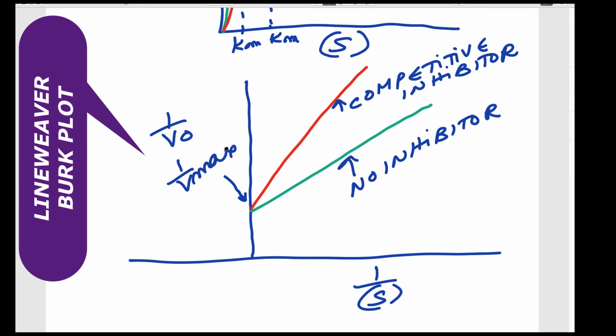In this reciprocal plot, if we extend the curve to intersect the x-axis, here it is minus 1 by Km. This is also minus 1 by Km.